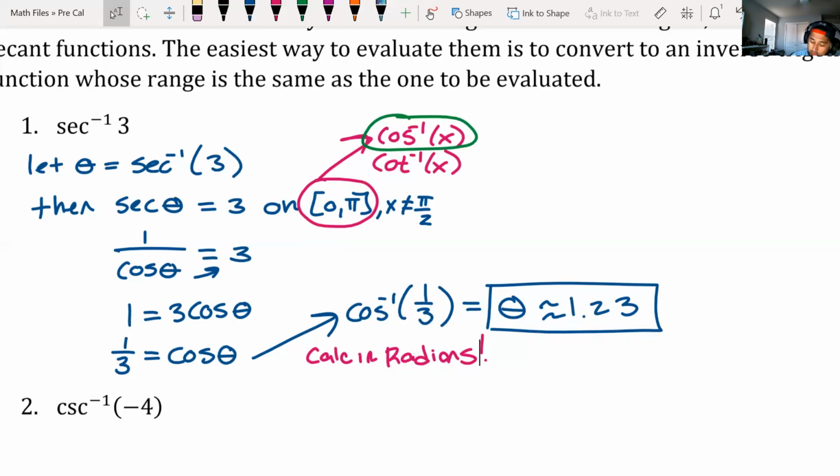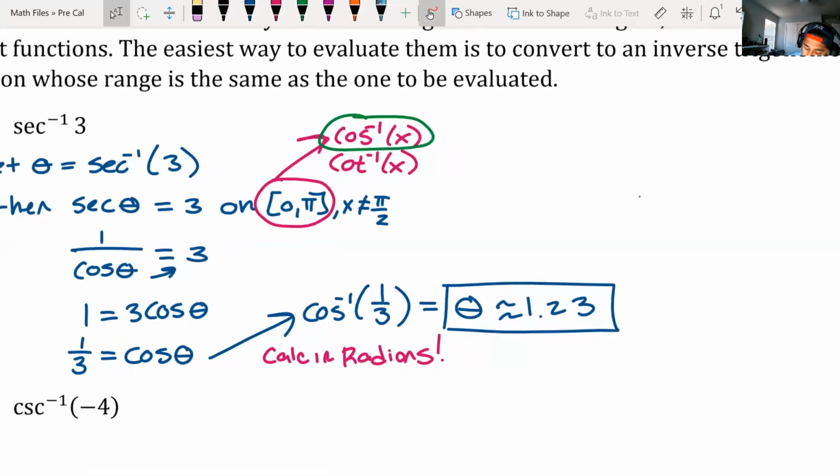Okay. So the whole point of this is you are creating a formula to calculate the value of secant every time you're given a value for secant. So what formula could be created? We could say that the inverse secant of x is equivalent to the inverse cosine of what?